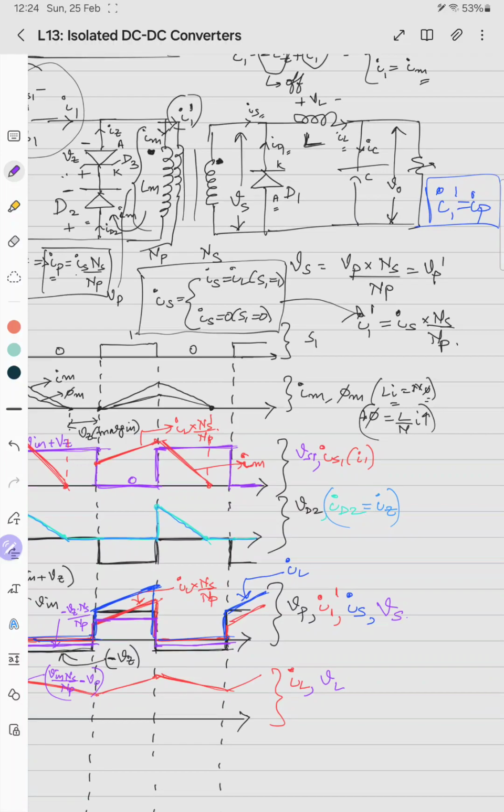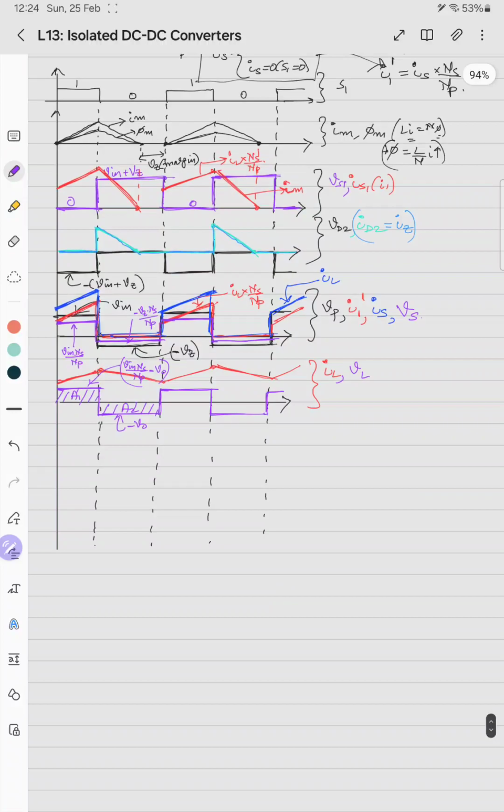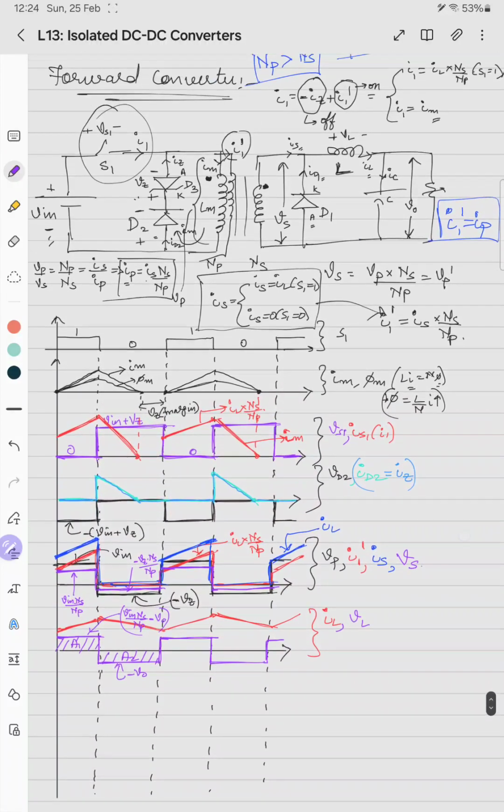This negative polarity voltage will turn on the diode, so it will be a short circuit. So it will be minus V0 only. This value is minus V0. This is A1, this is A2 for IL and VL. The volt-second balance and amp-second balance should be verified for this particular converter.